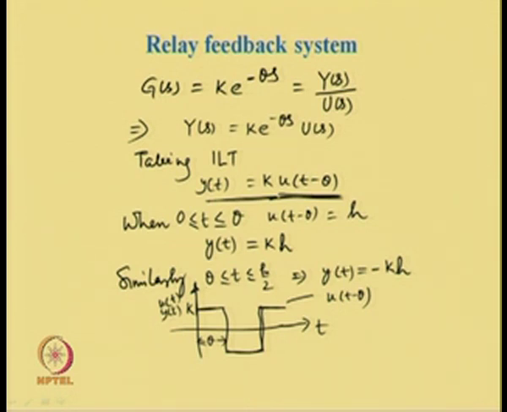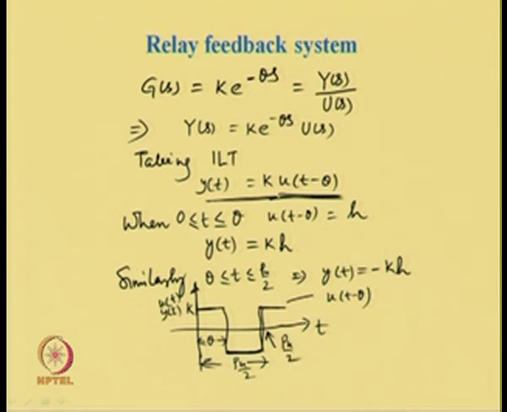and when time is between theta to Pu by 2. So, if this is Pu by 2, at that time we have got y(t) equal to minus k h, spanning from time t equal to theta to t equal to Pu by 2.